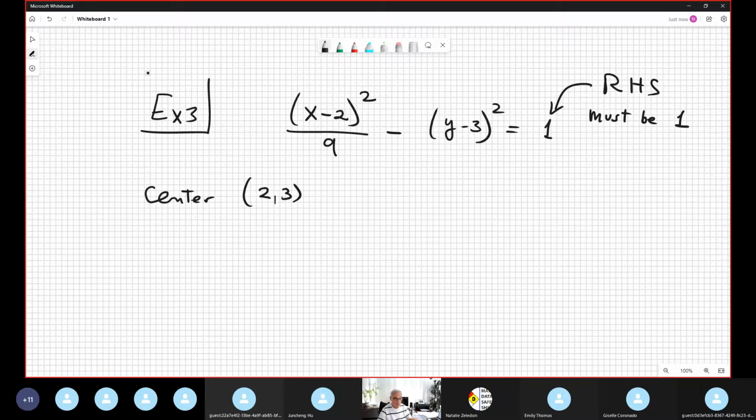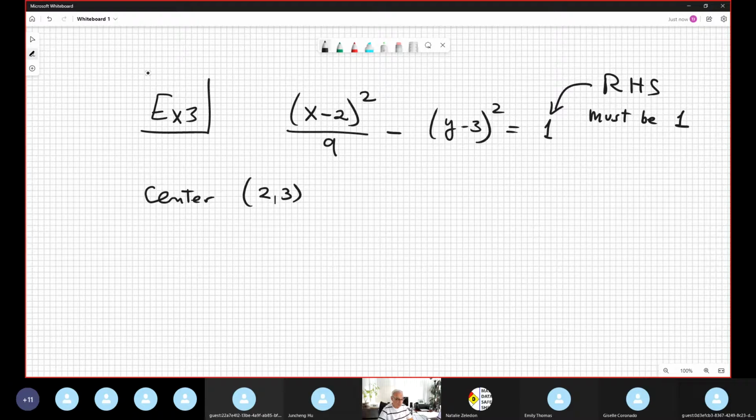In other words, h is 2 and k is 3. And this is the opposite sign. Remember, you have the opposite sign. In the equation, when it's negative, the point is positive, and when in the equation it's positive, the point is negative. Do you know that? This is classic. Okay, this is the center, cool.